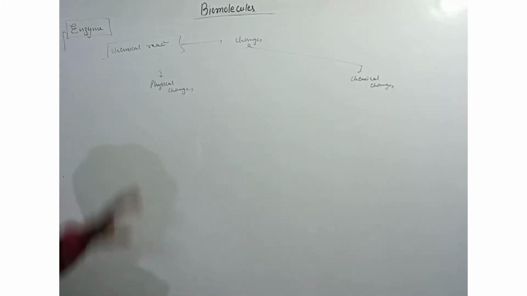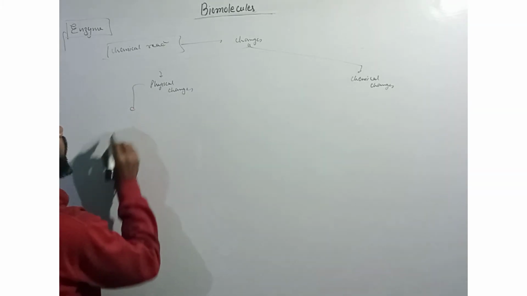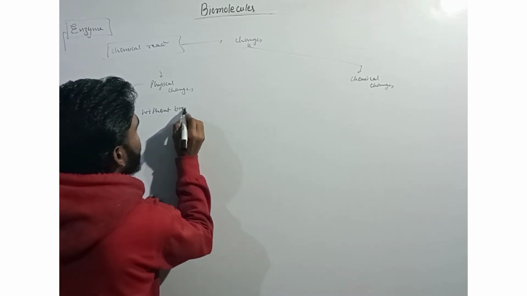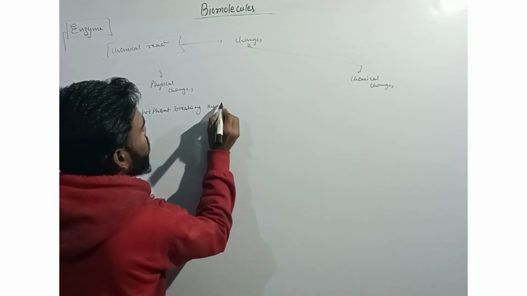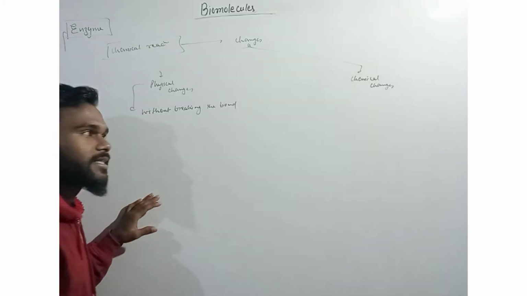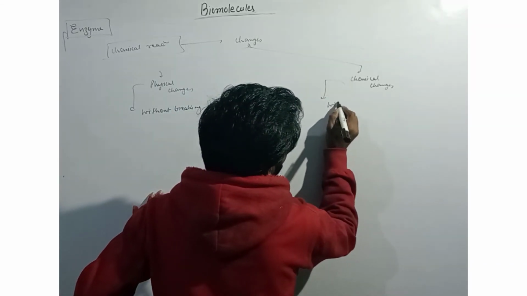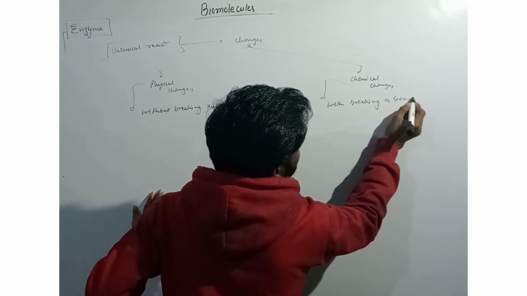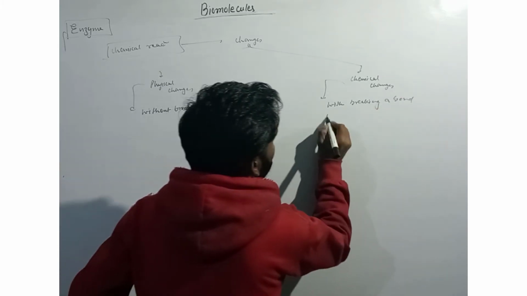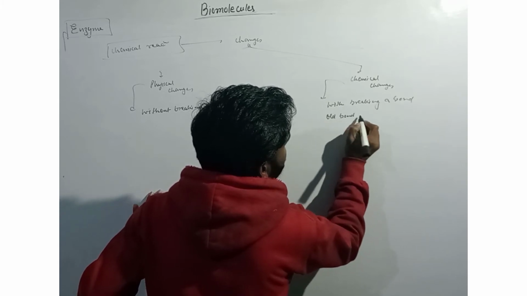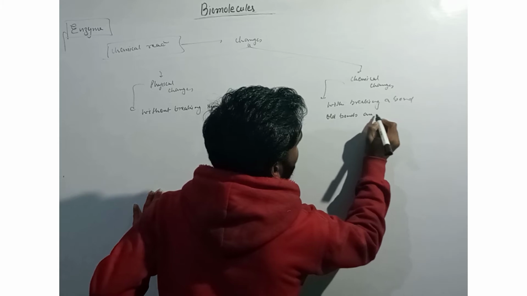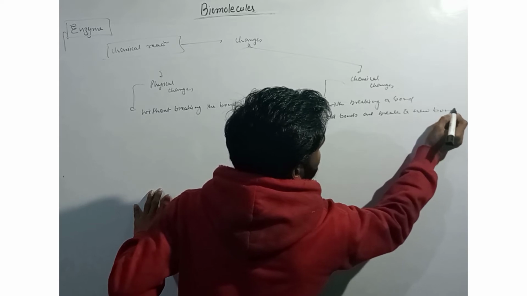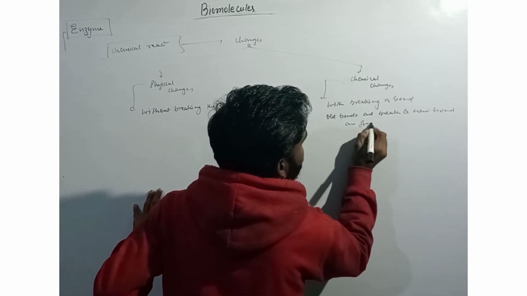Physical changes occur without breaking the bond. But chemical changes occur with breaking of bonds, in which old bonds are broken and new bonds are formed.